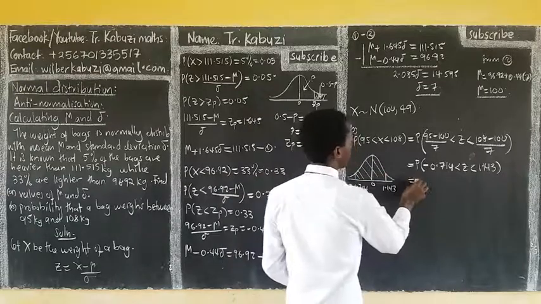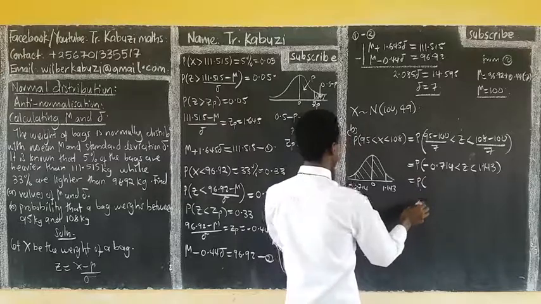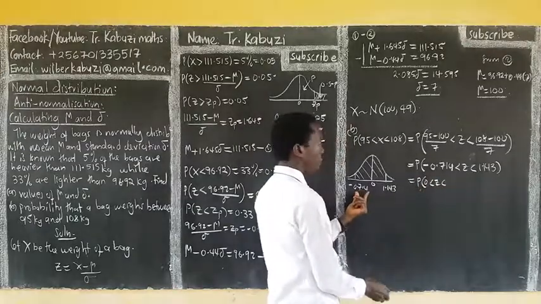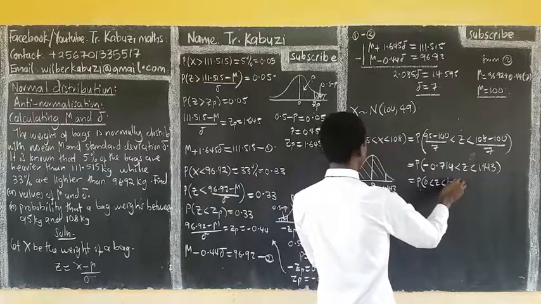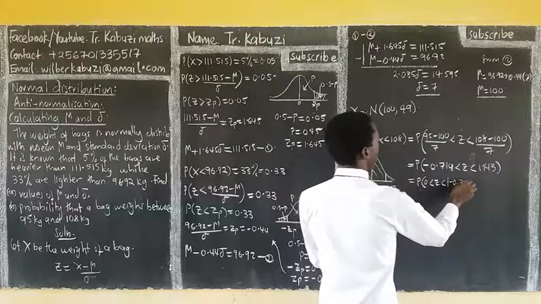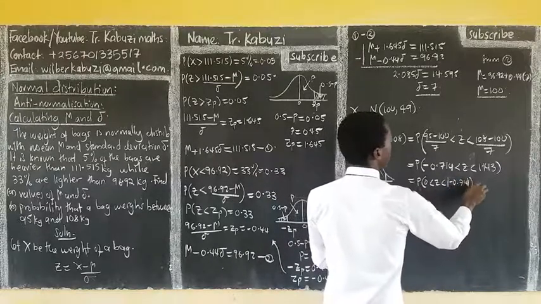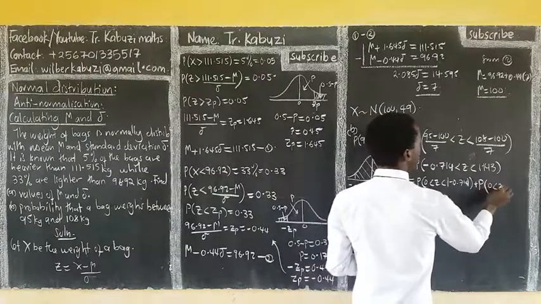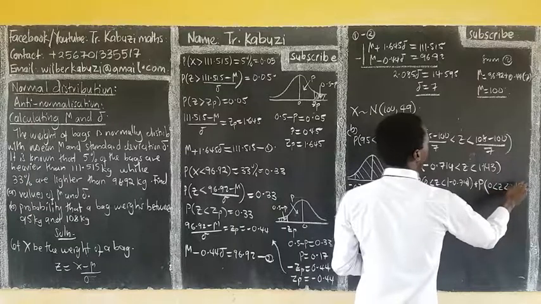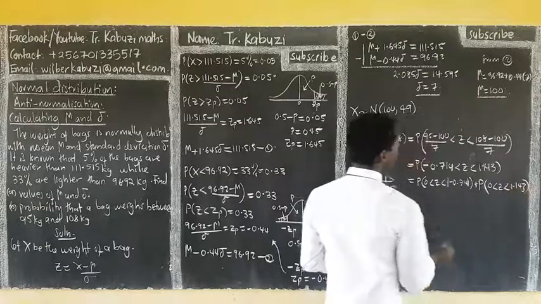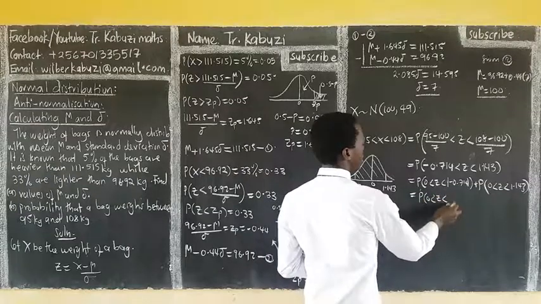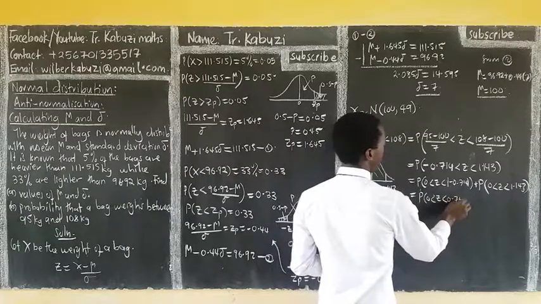This will be the probability from here to here, but now we take the magnitude of this, plus the probability from here to here, 0 less than z less than 1.143.